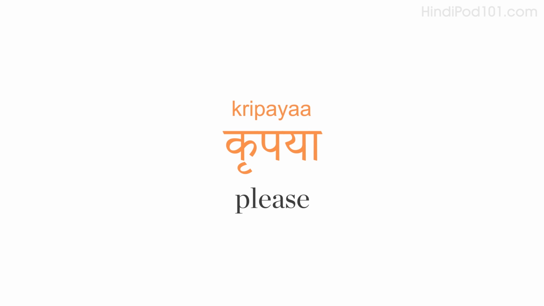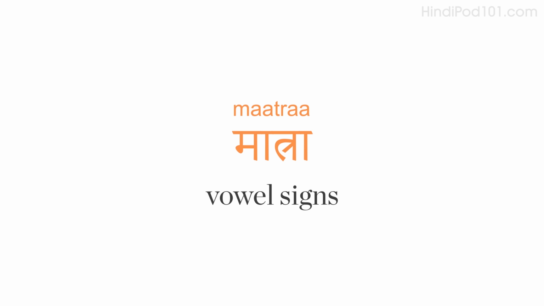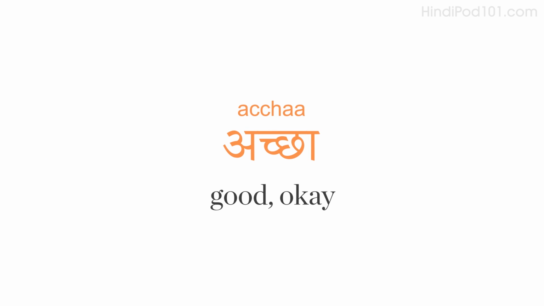Indeed! So, how are vowels used in Hindi? Hindi vowels can be used alone or in the form of a matra or vowel signs where it modifies a consonant. A good example where both the forms can be used in a single word is the Hindi word acha, meaning good or okay. Acha.